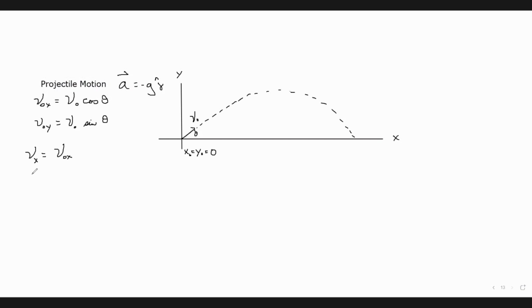Okay. Now we'll work out x as a function of t. Well, that's going to equal x0 plus v0x times t, but I've already said that x0 is 0. Okay, what about the y direction? Well, v sub y is going to equal v sub 0y minus gt.